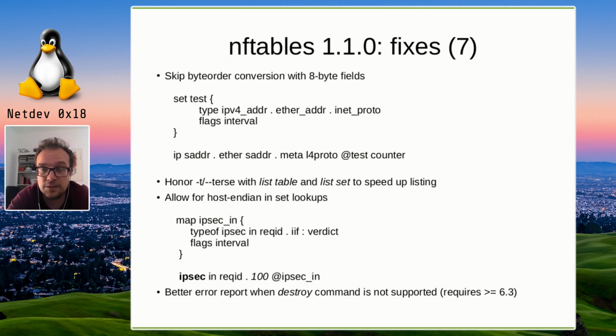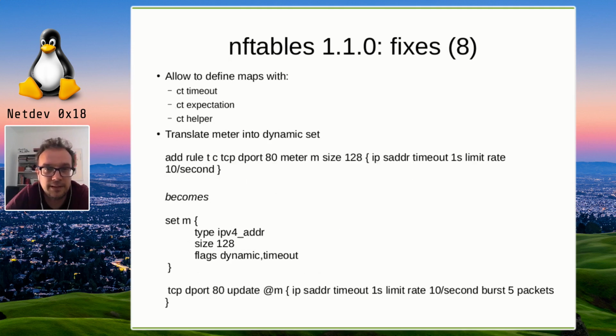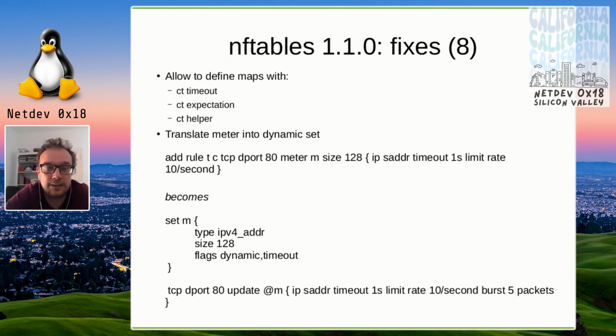So it is unconditionally destroying the object, and there is better error reporting now for kernels like that, which before was a bit confusing. We also have fixed maps to allow to use object references, such as connection specific custom connection timeout policies, connection tracking expectations, and connection tracking helpers.